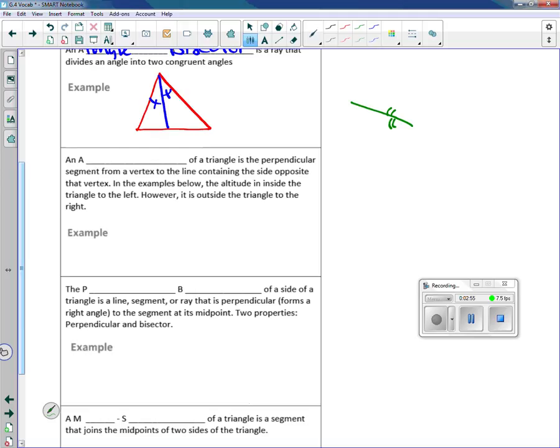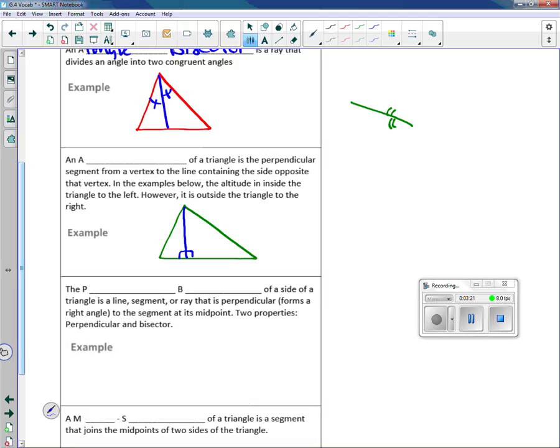A blank of a triangle is a perpendicular segment. Let's just draw a picture here for a second. A blank of a triangle is a perpendicular segment from a vertex to the line containing the side opposite the vertex. Sides are perpendicular to each other. That comes from a vertex and goes to the opposite side.